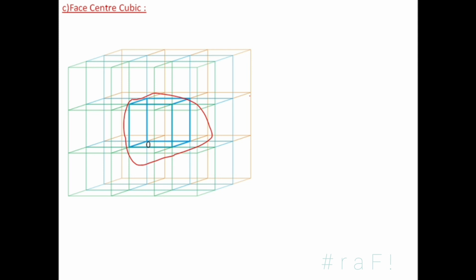Hence, each corner atom has 4 neighboring atoms in its own plane, that is 1, 2, 3, 4. 4 neighboring atoms in a plane above this atom, 5, 6, 7, 8, and 4 neighboring atoms in a plane below it, that is 9, 10, 11, 12.